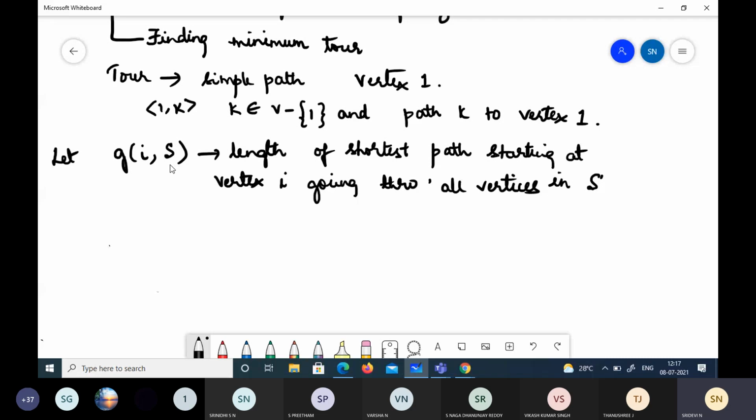S will include all the vertices it should pass through. If we take g of 2, 3, suppose if I say.